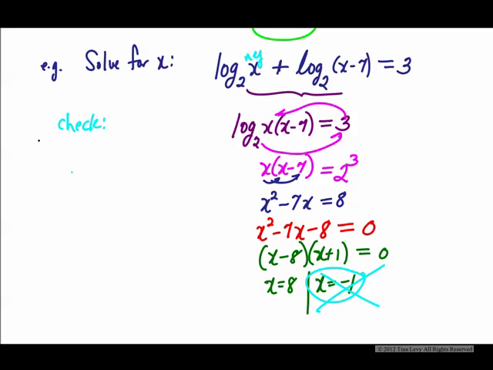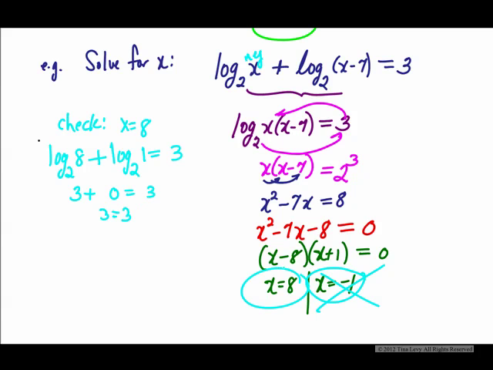This is saying the log base 2 of 8 plus log base 2 of 8 minus 7, which is 1, is 3. The exponent that gives us 8 is 3. The exponent that gives us 1 is 0, and 3 plus 0 is 3. So it does check, letting x be 8. So that became our solution.